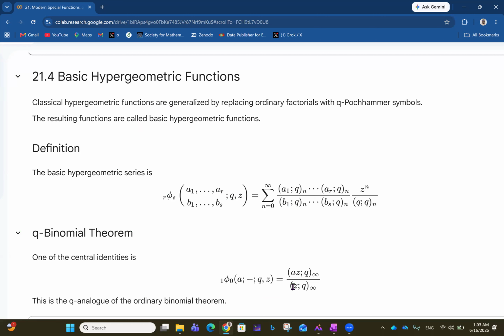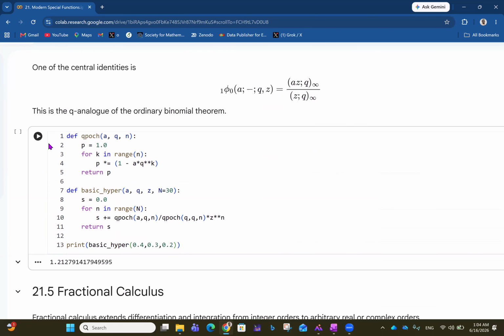So this is the Q-analog of the ordinary binomial theorem. And then we have a kind of computation here, and we get this result for the basic hypergeometric function like that.